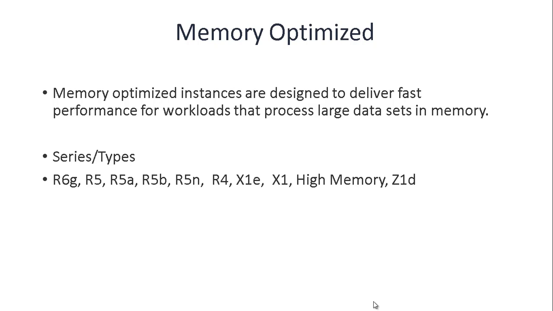Inside the R series there are R6G, R5, R5A, R5B, R5N, R4. Under the X series there are X1E and X1. There are also high memory types, and the last is Z1D. So memory optimized is nothing but an instance family where we can get instances or hardware profiles with high memory.